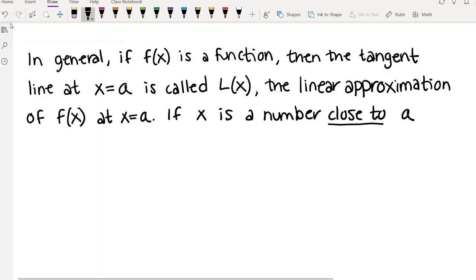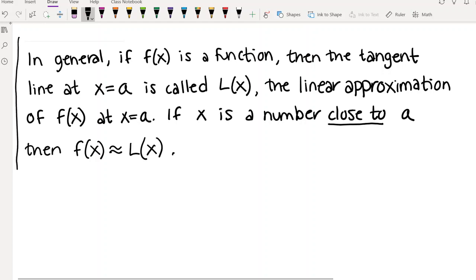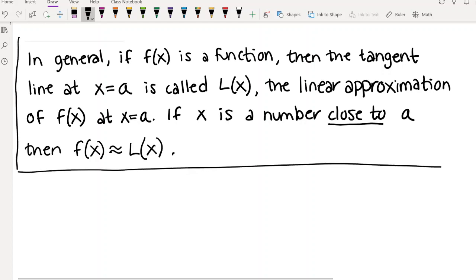So in our last example, 4, we plugged in 4.05, which is close to 4, then it's always going to be true that your original function is approximately equal to your linear approximation. And so what does that mean? That means that instead of plugging your number into your original function, you can plug it into the linear approximation instead.